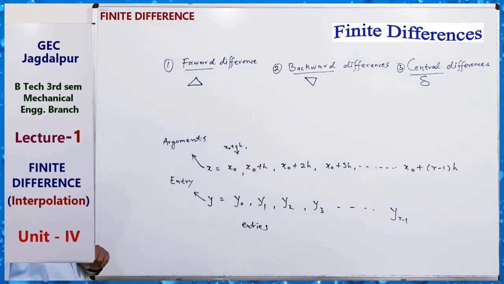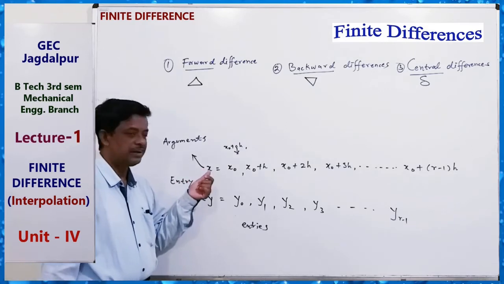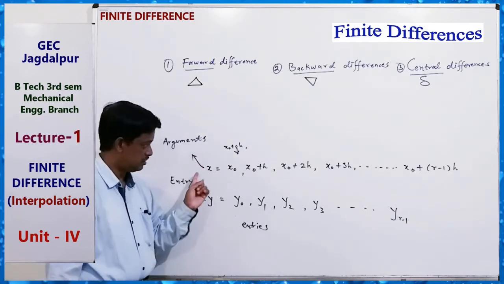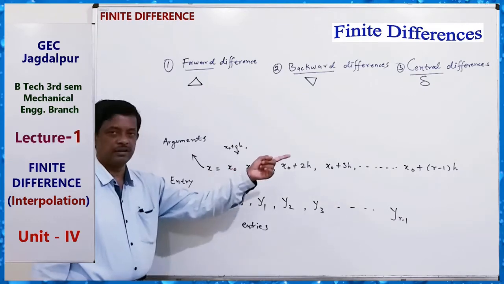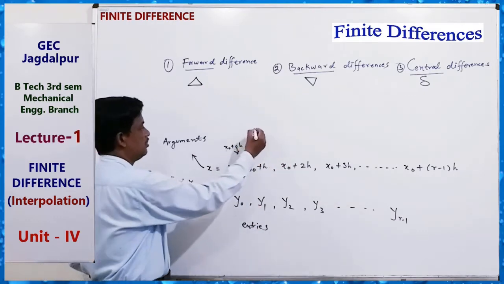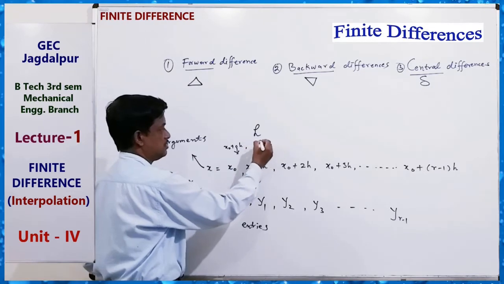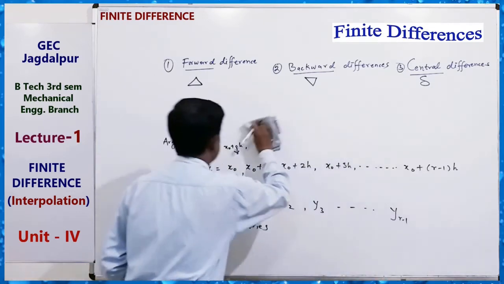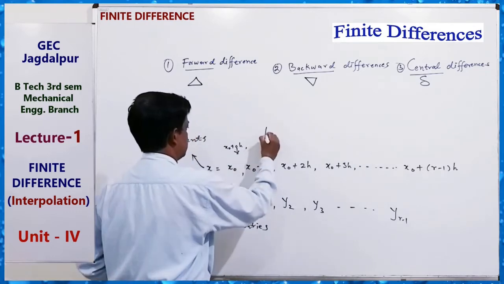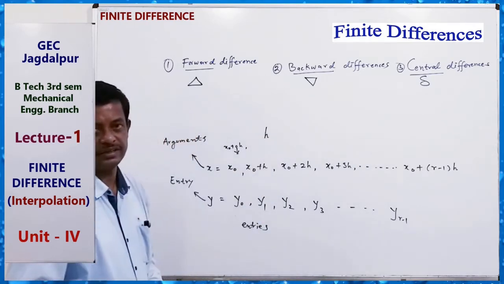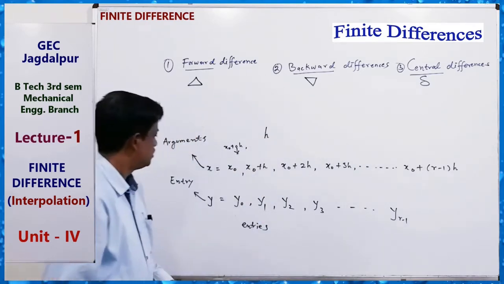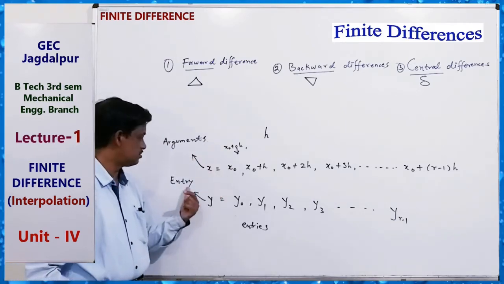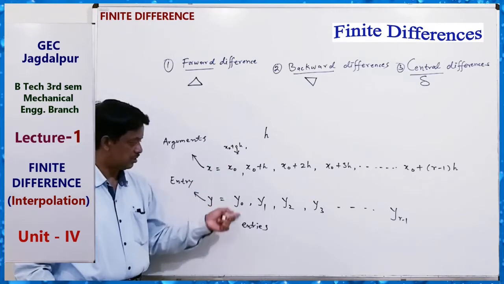Clear? Whenever we are given a table of x and y values at equal interval, the interval of differencing is h. This is the notation: arguments means values of x, entries means values of y. Corresponding notations are like this.